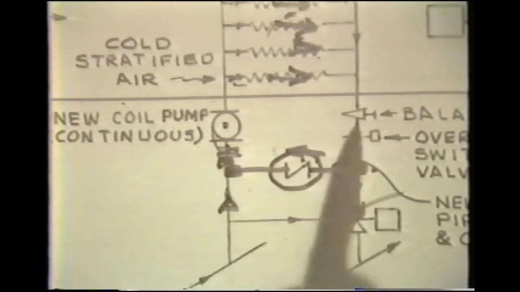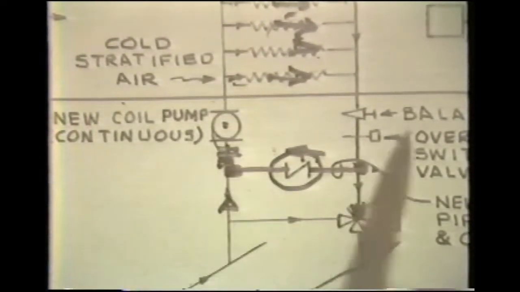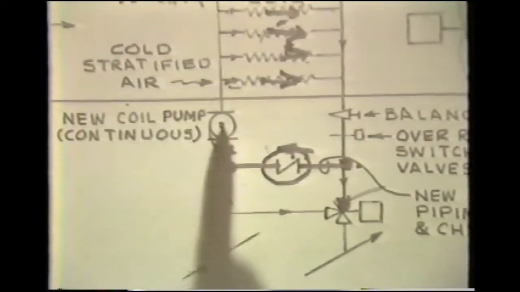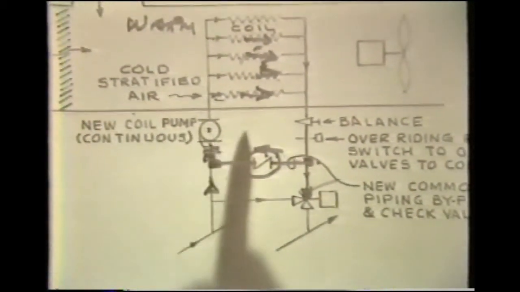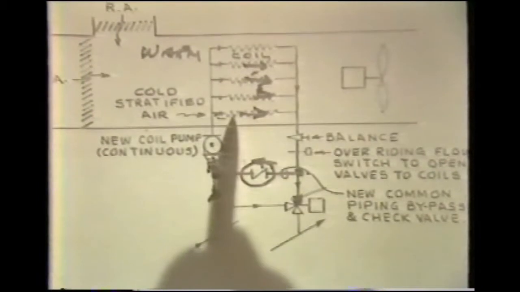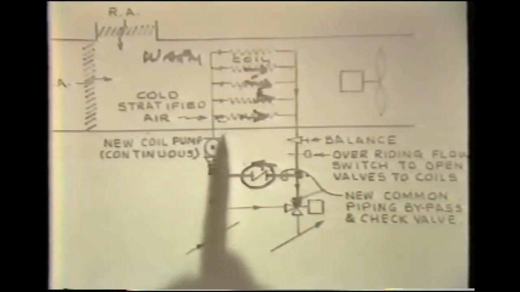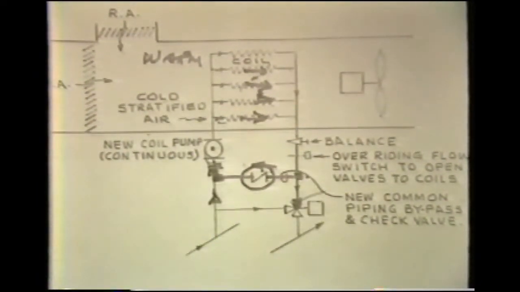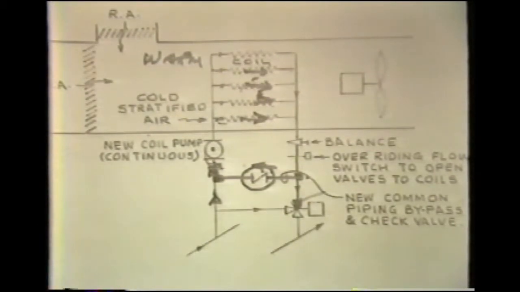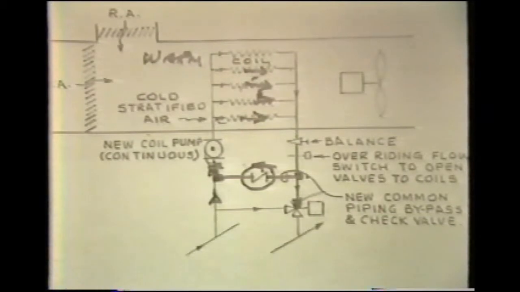But the point is this, that the generality is such that the pump in operation at all times will establish a coil freeze protection approach that has been widely used and that does solve a great many of the coil freeze problems that we have encountered in the past.